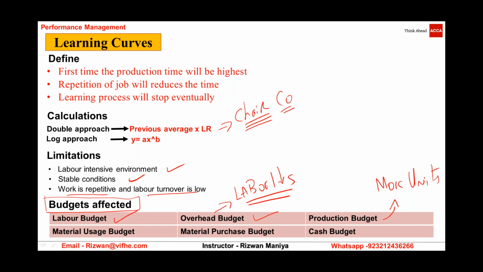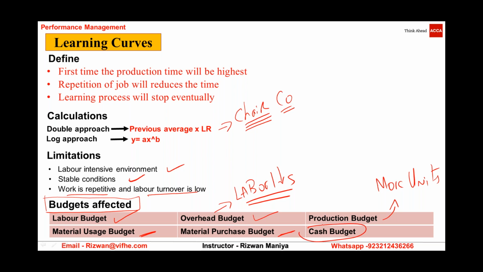Material usage will also be affected because of more production. And once usage gets affected, purchase of material gets affected as well, because you need to purchase more in order to produce more units, because labor is producing them fast due to the knowledge and the experience.